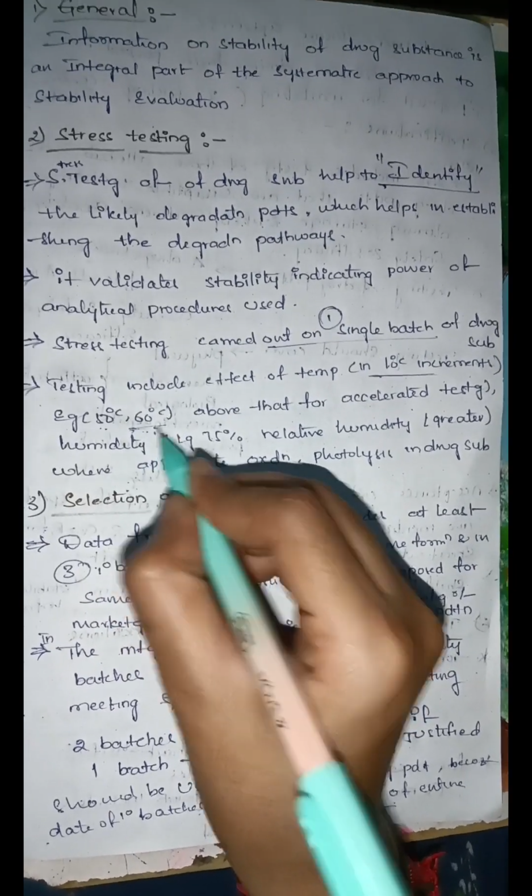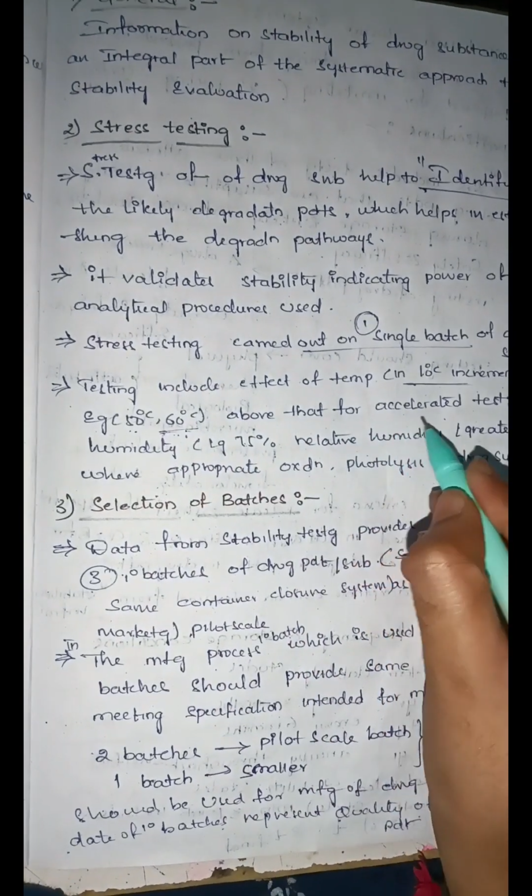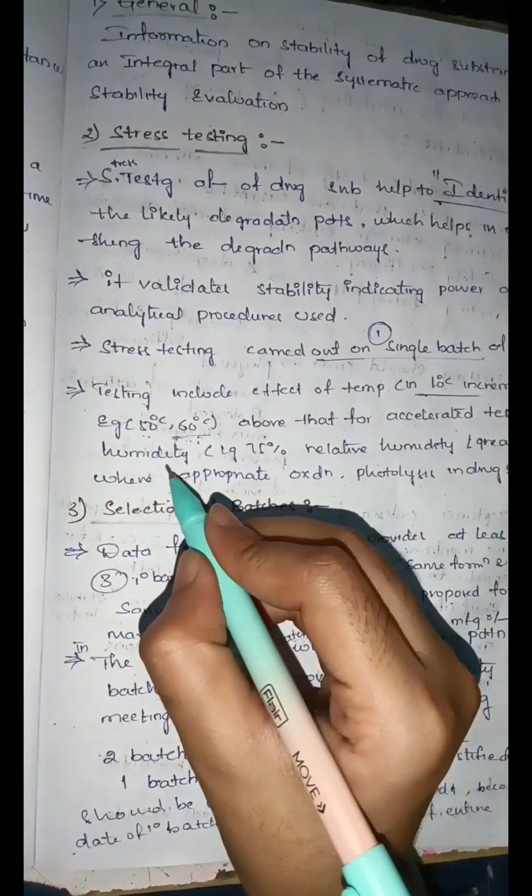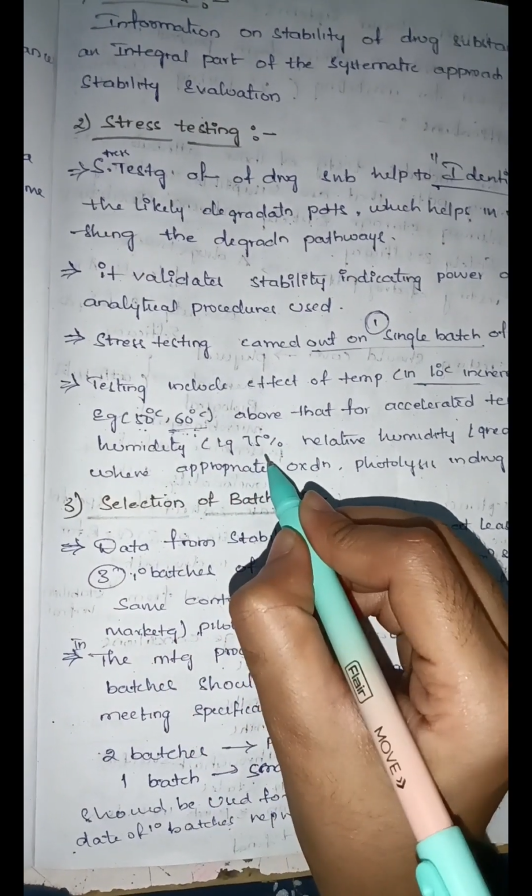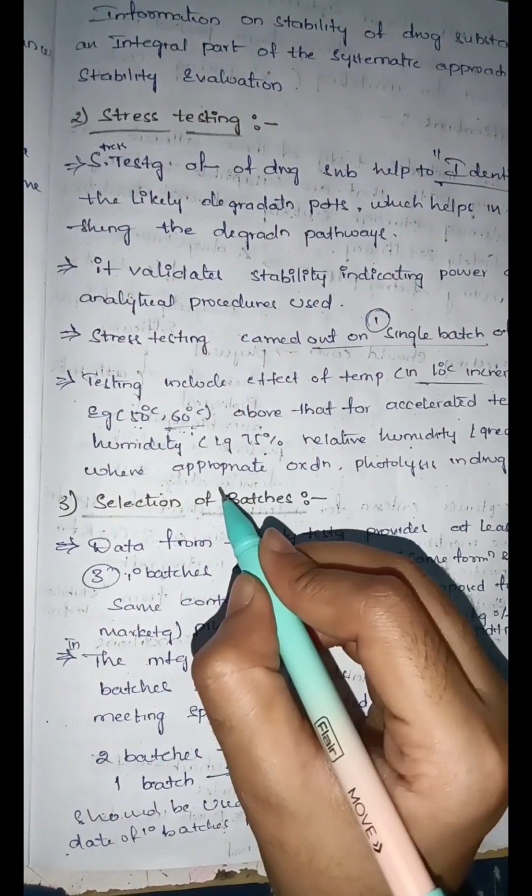If the temperature is increased above 60 degrees Celsius, it is for accelerated testing. And when the humidity is, for example, 75% relative humidity, if the humidity is greater than 75%, it may lead to oxidation and photolysis in drug substances or drug products.